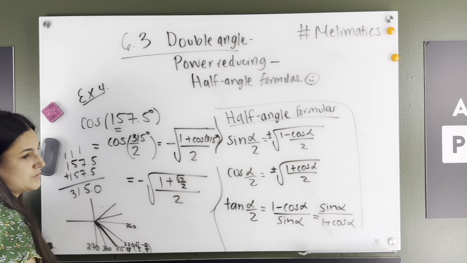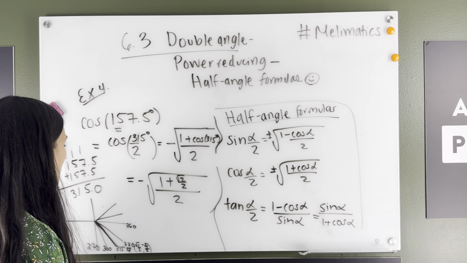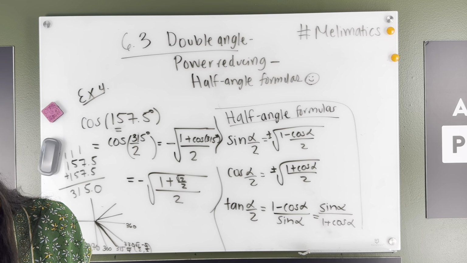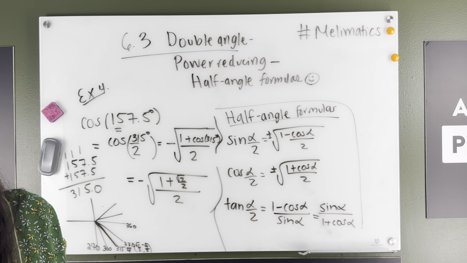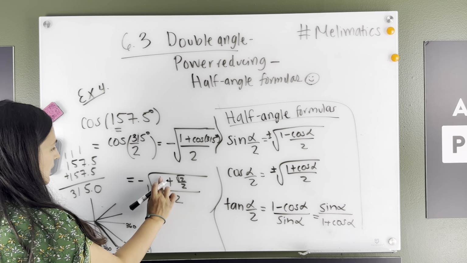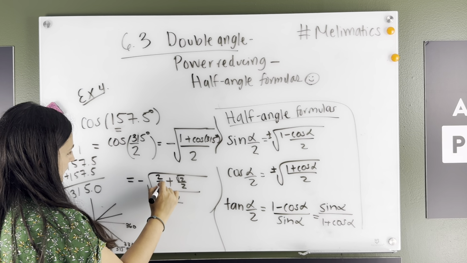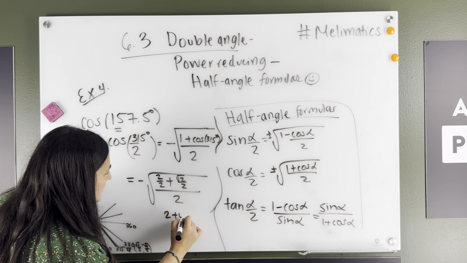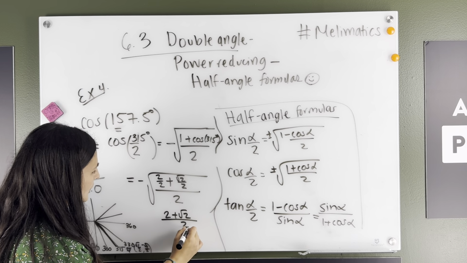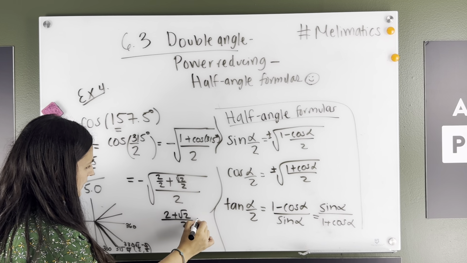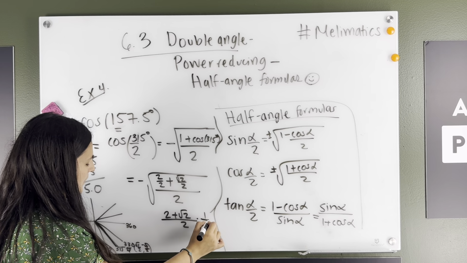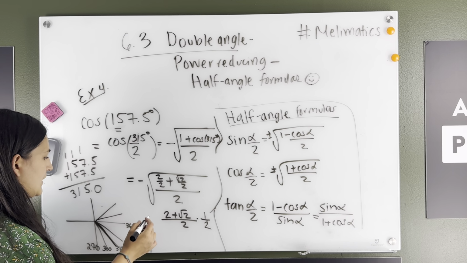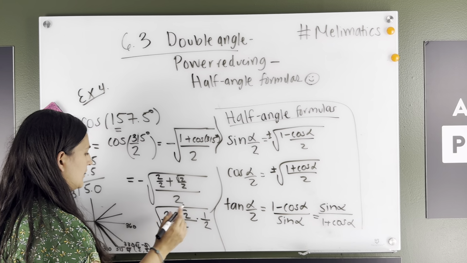And now we just have to do some algebra. Okay, so, oh, they're nice to you. They let you use double radicals. Okay, that's good. So here, let's find a common denominator. Let's add it up. So we can get 2 plus the square root of 2 over 2 for the numerator, and then keep, change, flip. Okay, and this is going to be all square rooted with the negative.